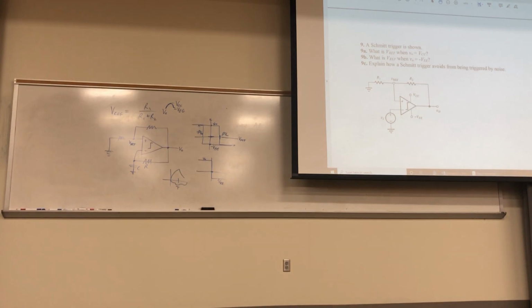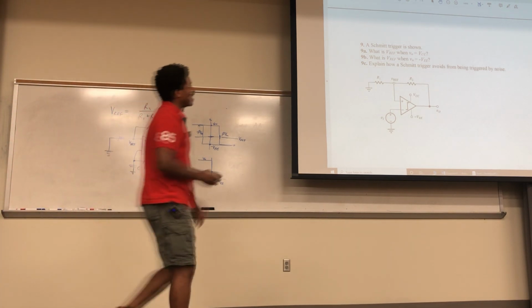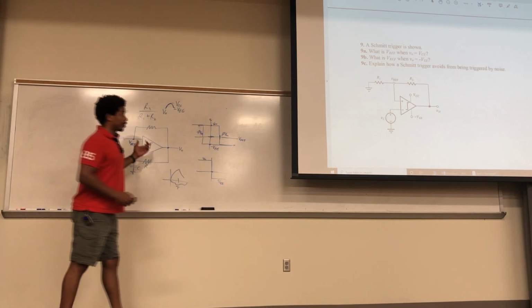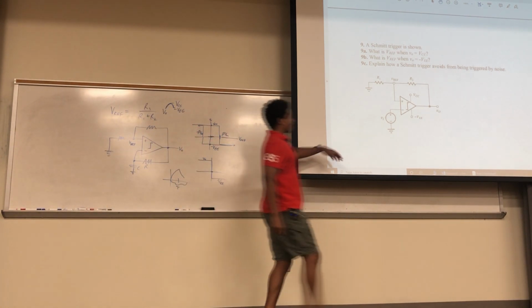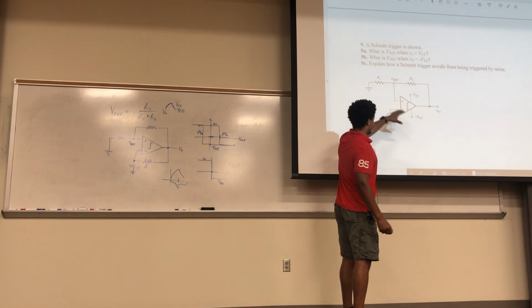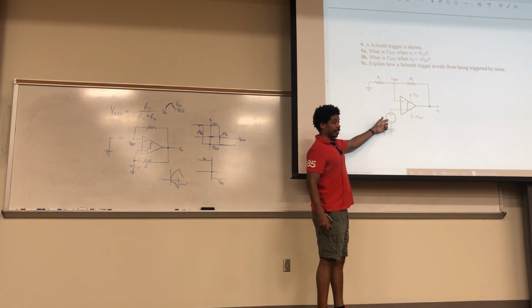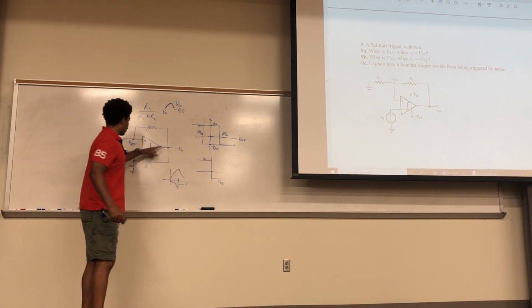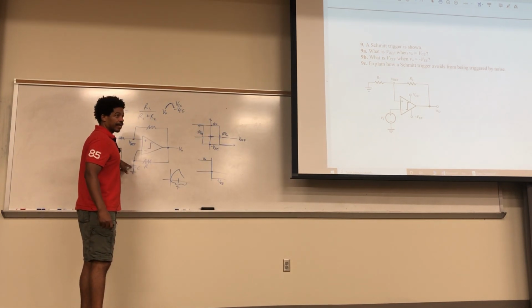So how do you want us to write that out on the exam? Well, what you can do is say, in order to avoid the problem with noise, you can replace this right here with this situation where you have this feedback resistor and this capacitor, right?